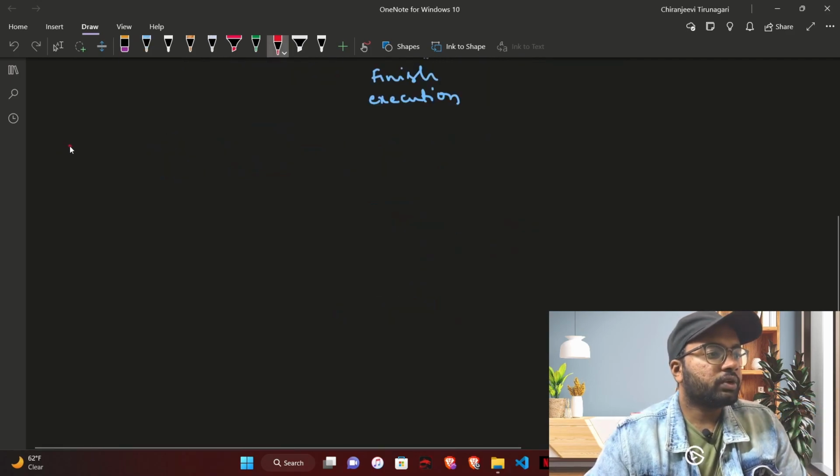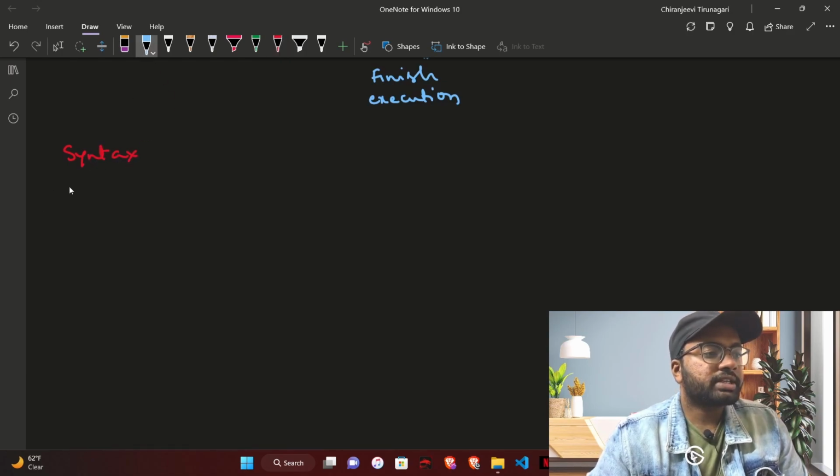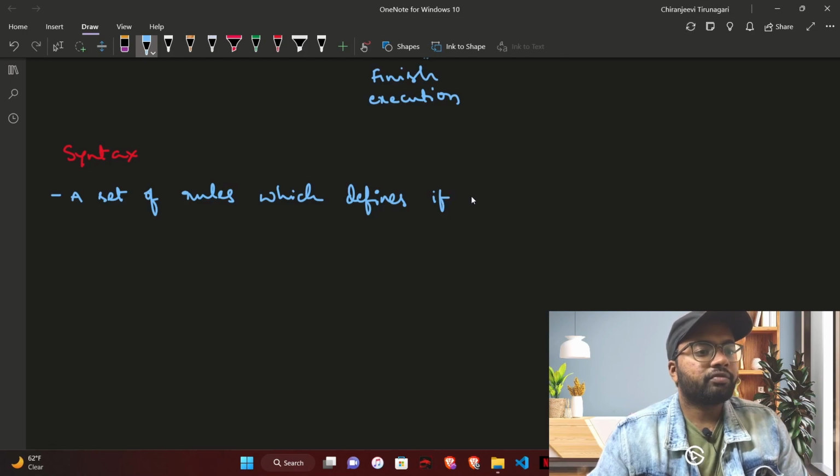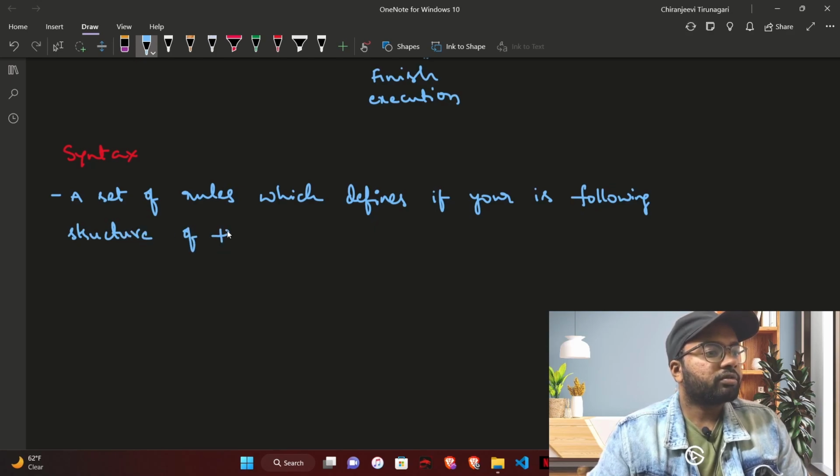So now let's see what syntax is. Syntax is nothing but a set of rules which defines if your code is following the structure of that particular language.